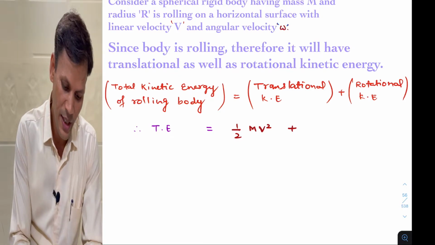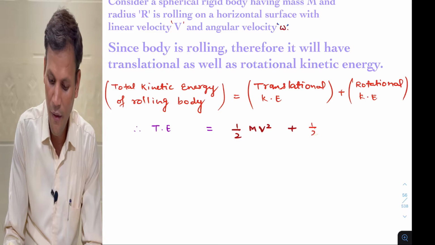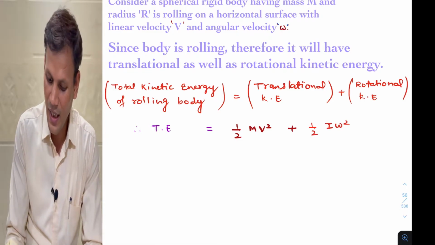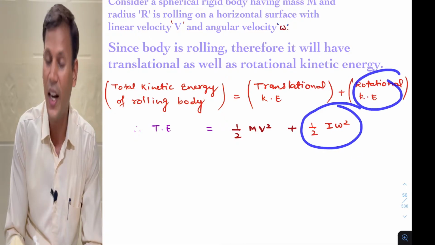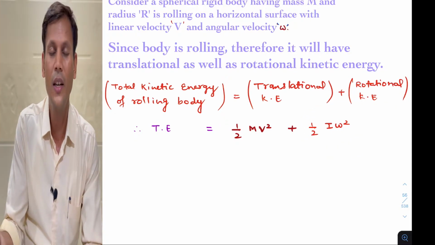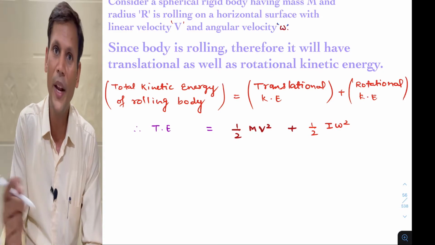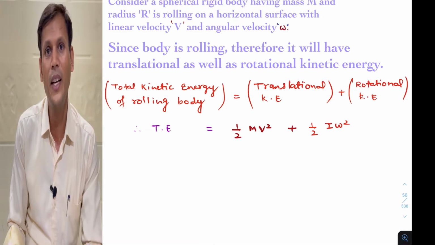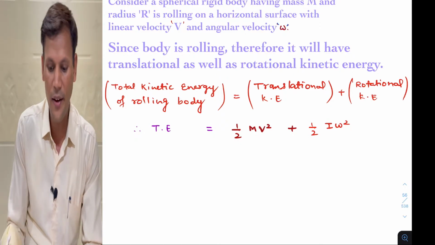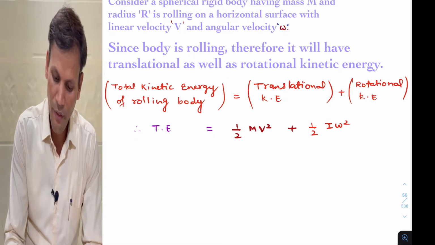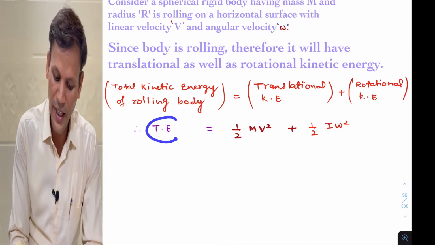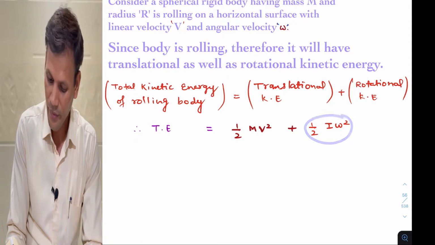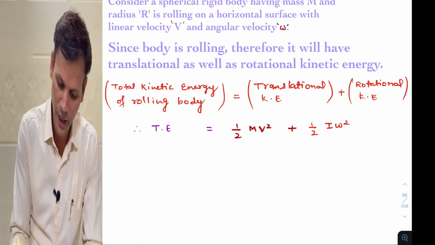The derivation for rotational kinetic energy we already did, उसका वीडियो हमने किया हुआ है, in the rotational dynamics or rotational motion chapter, you can watch it from there. So we have total kinetic energy equal to half mv square plus half I omega square.